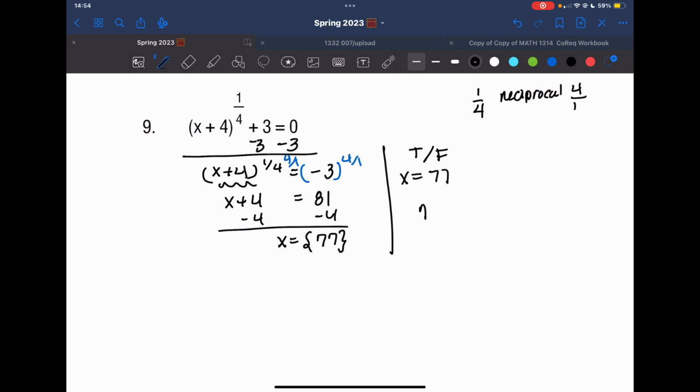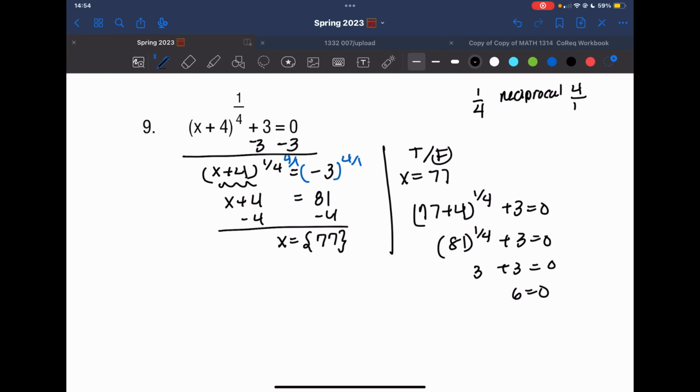So then we're going to get 77 plus 4 raised to the 1/4 power. So that's going to be 81 to the 1/4 plus 3 equals 0. 3 plus 3 equals 0. 6 equals 0. So this is automatically false. This is an empty set as your solution.